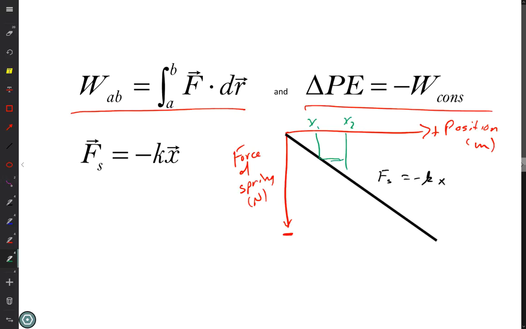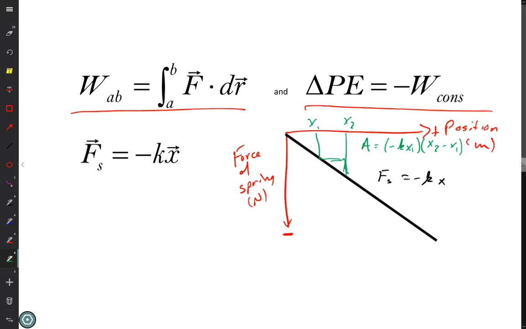Now I can calculate that area by breaking that into two pieces, one that's a triangle, one that's a rectangle. And so the area here is equal to the force when x is equal to x1. So that would be minus k x1 times x2 minus x1.